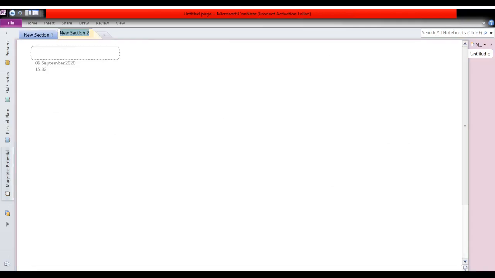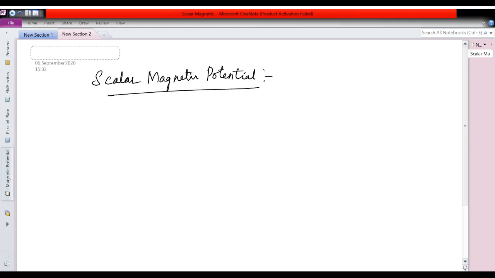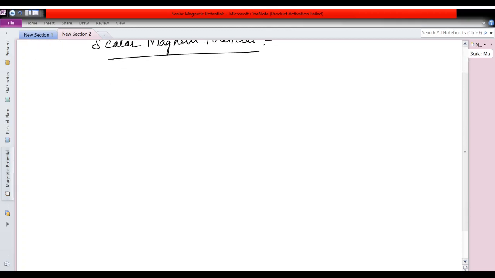Now I will teach you what is meant by scalar magnetic potential. Magnetic vector potential is over. Now I am going to teach you scalar magnetic potential. When you consider the scalar magnetic potential, it's very easy. We need to again start with Ampere's law. What is Ampere's law?